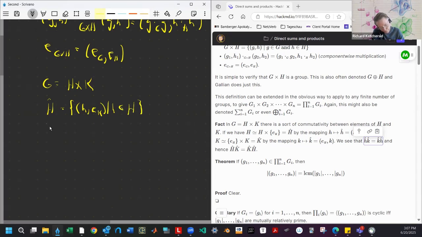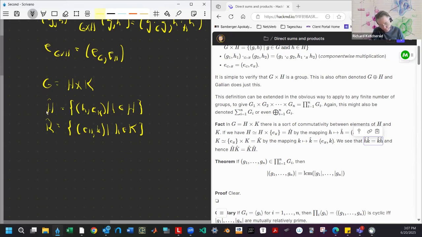And there would be K hat, which would be (eH, k) for k in K. So it's just the obvious copies where we take the left-hand things together with the identity, and the right-hand things together with the identity for H.